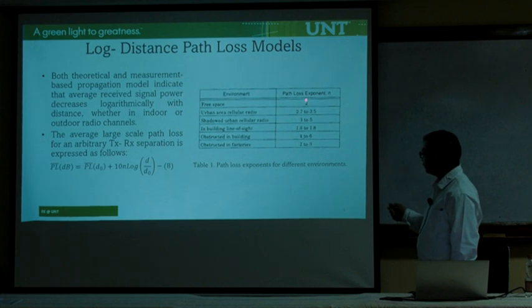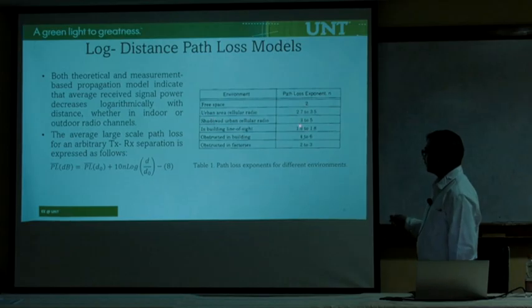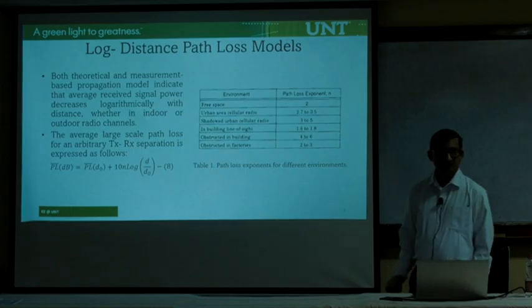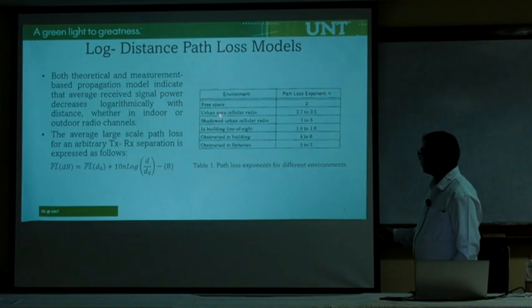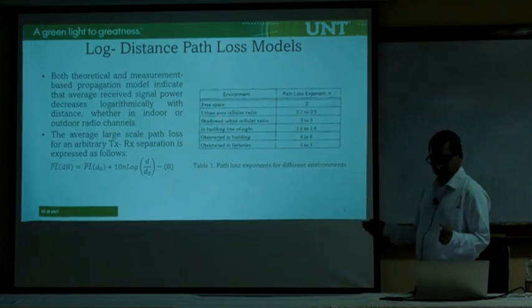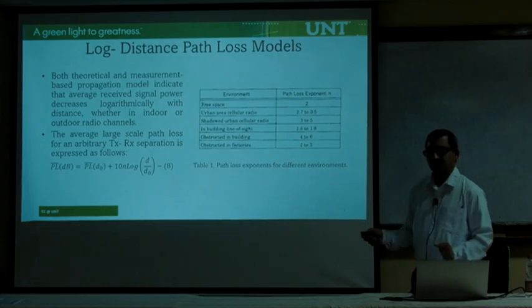But then quickly you can see the worst case is here, shadowed urban cellular radio. In an urban setting, this exponent can go all the way from 3 to 5. That means severe loss. 5 means severe loss. And in general, if there are shadows, like buildings completely obstructing sometimes.